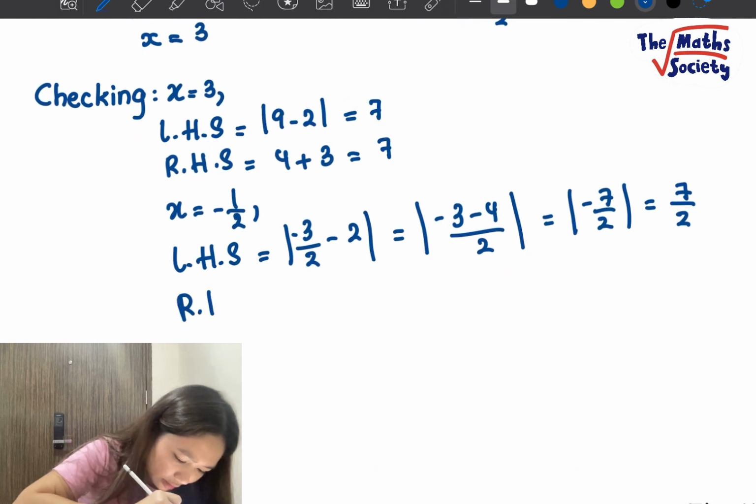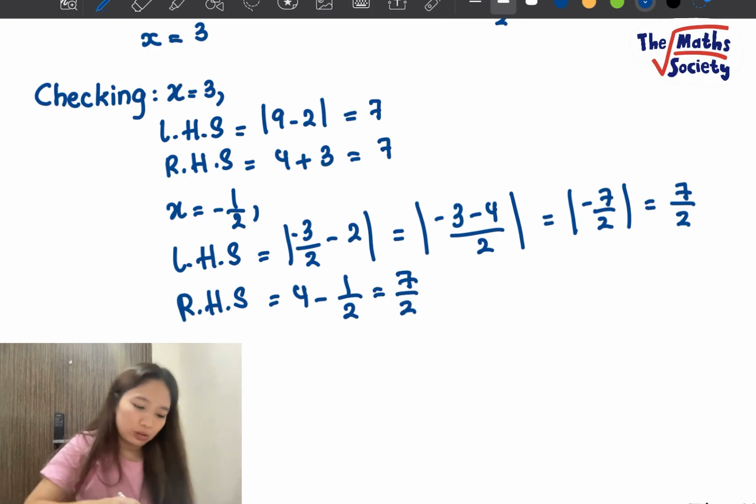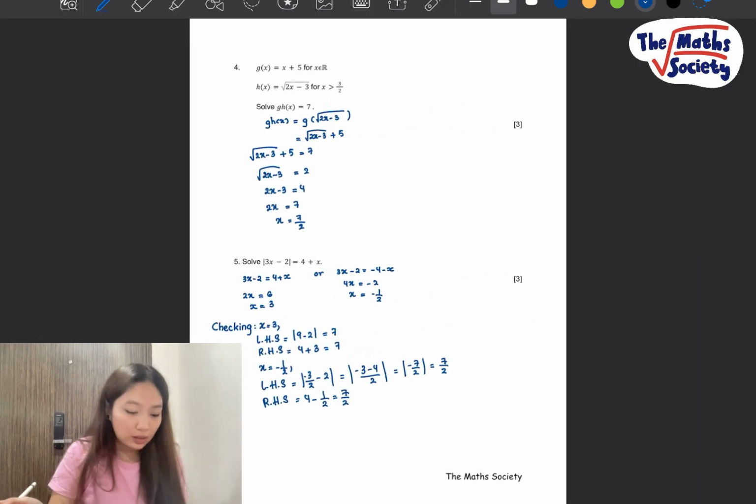And for right hand side, it's going to be 4 minus 1 by 2, which is 7 by 2. So that means both of my solutions are fine, and so I don't have to reject any solution.